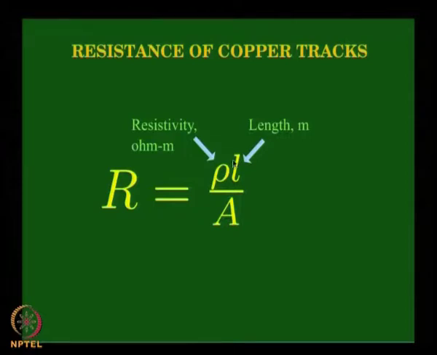We are talking of the length of the track, the length of the copper on the printed wiring board laminate. And then you have the area of cross section, which is the area presented to the flow of current. Now, this area of cross section is nothing but the thickness of the laminate, 35 microns in a general case, into the width of the laminate.